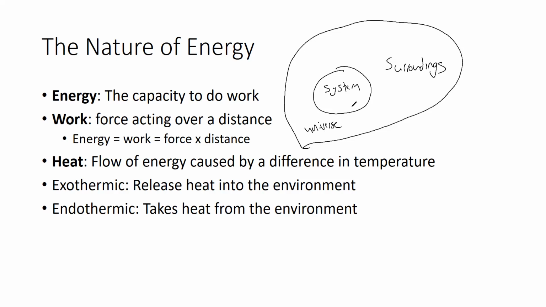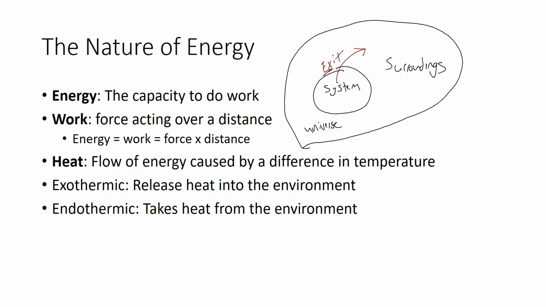The system is what we're interested in, what we're actually looking at. The surroundings is everything that's not the system. And the universe is simply everything, right? So the universe is system plus surroundings. When we talk about heat flow, if heat is leaving our system and going into the surroundings, this is called exothermic.